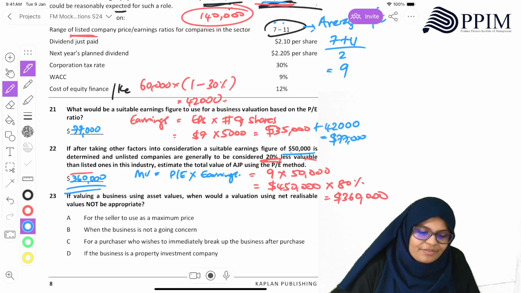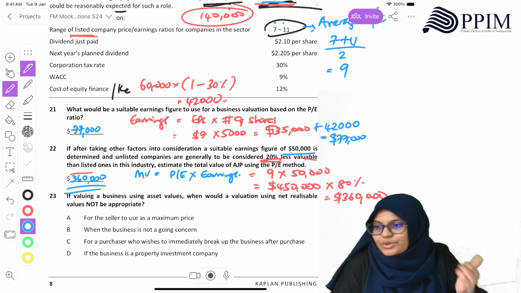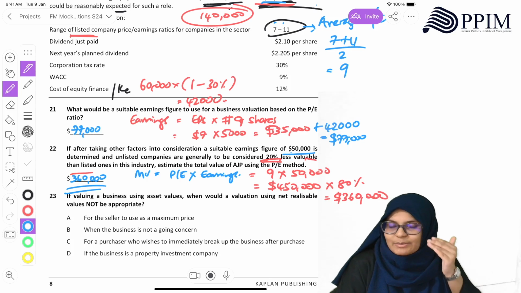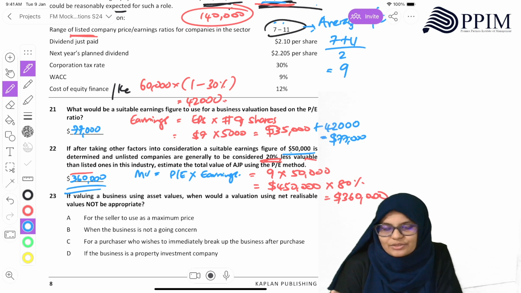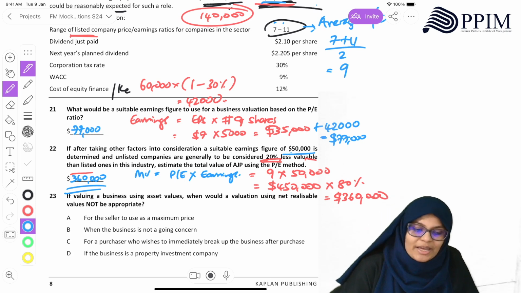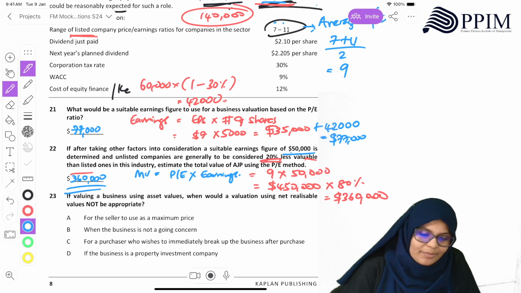23. If valuing a business using asset values, so all this while we were using earnings, right? When it's business valuation, you can either use your assets, you can use earnings, or you can use your cash flows. So now they're saying, suppose we are using asset values, when would a valuation using NRV not be appropriate? For the seller to use as a maximum price.